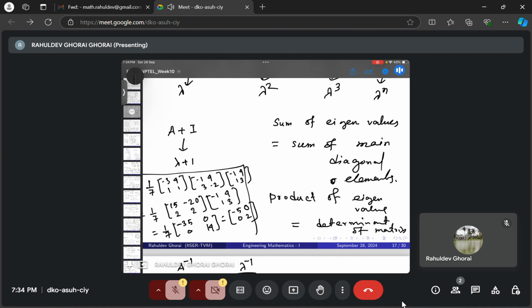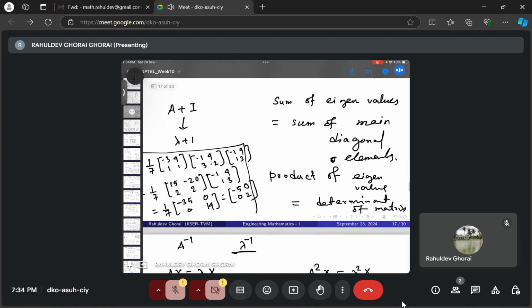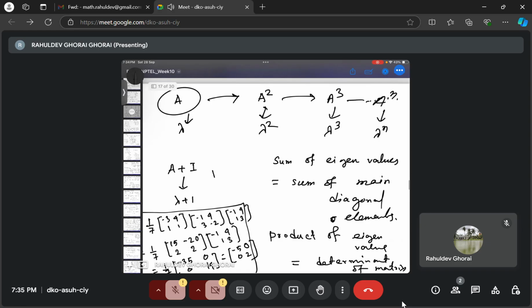And now let's say you have A and you want to find A to the power 100. Let's say you have P inverse AP equal to a diagonal matrix D. That implies A will be P D P inverse, right?